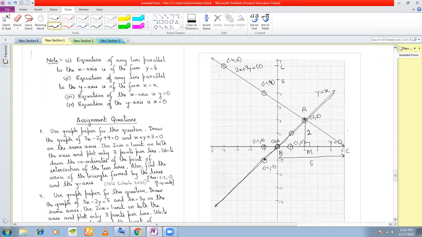And y is equal to 0 is which line? This line. What is the point of intersection? 0, 0. So for 1 and 2, what is the solution? Clear?